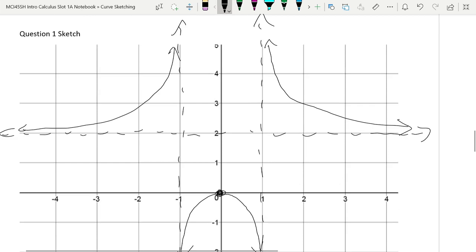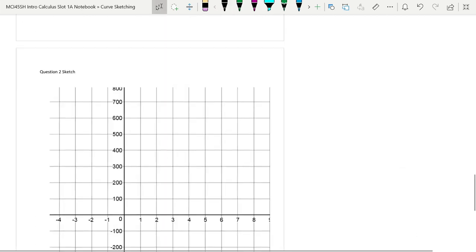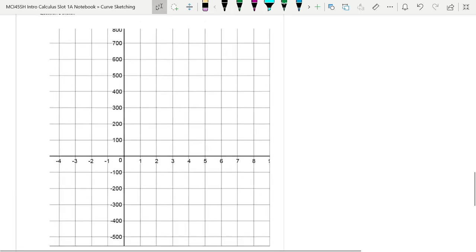Okay, skip past this diagram and go to this one. Now, because the scale on this one kind of gets kind of crazy, we have to count in much larger numbers on the y-axis than the x-axis. So what do we know? We know we have x-intercepts at 0, 0 and 8, 0.